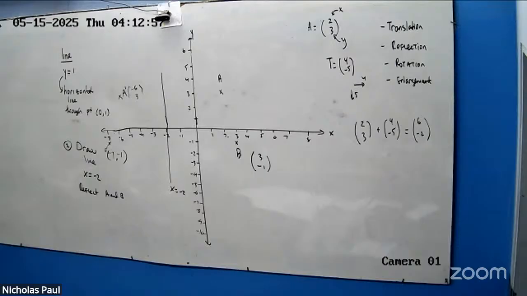When reflected, the object and the image must be equidistant from the mirror line.